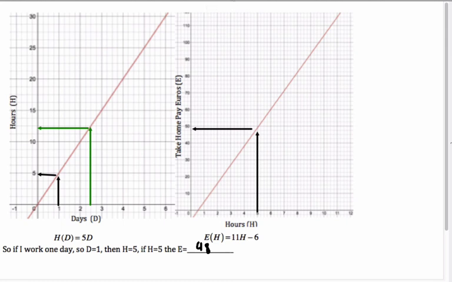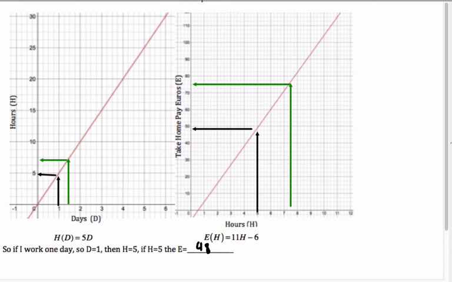Let's change this. Let's work for a day and a half, which is going to be roughly here, about 7.5 hours. So if I go to 7.5 up from here, and then I can go across, I can see that I'm roughly going to make about $75. So the days control the hours control the total take-home pay in euros.